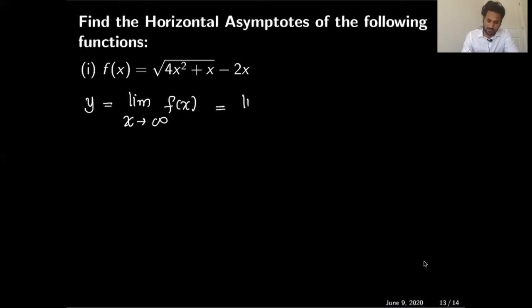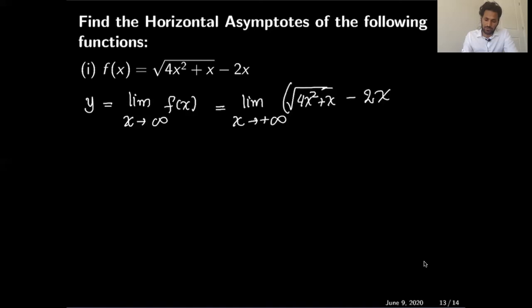So this will be the limit as x approaches plus infinity of this function, square root of 4x squared plus x, minus 2x. As I can see, the degree of this term and the degree of this term are almost the same. So if I plug in infinity directly, I have infinity minus infinity, and I would not know which term is growing faster.